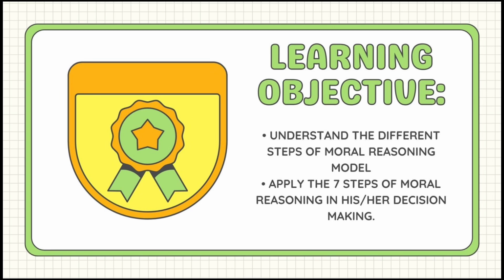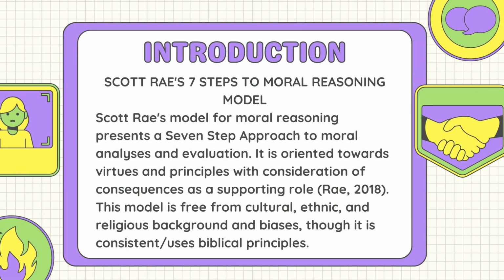in decision making. The 7 steps of moral reasoning was developed by Scott Rae. It is a structured approach to moral decision making, and according to Rae, this model emphasizes virtues and moral principles while also considering the consequences of our actions.